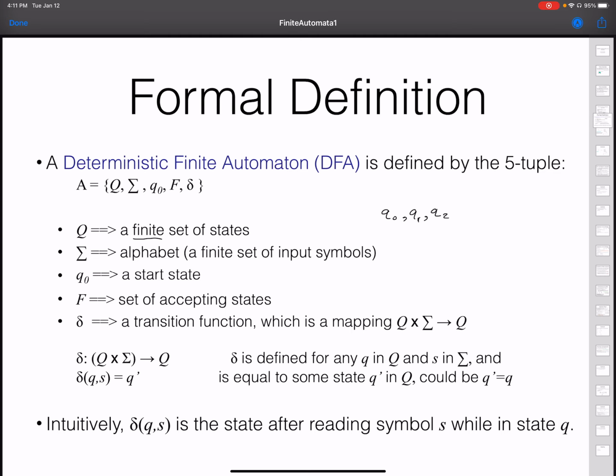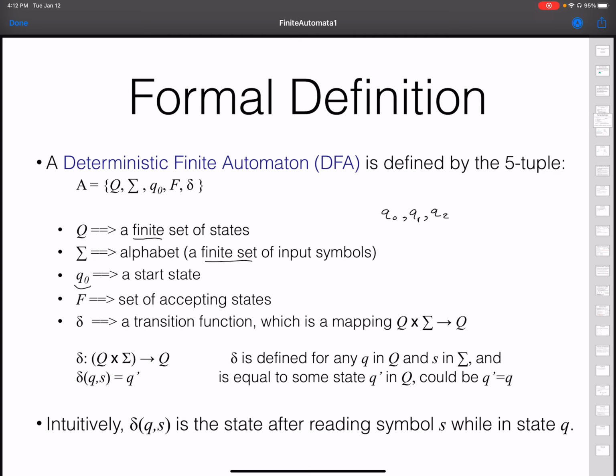The alphabet tells you what the possible symbols are that you can read from the input tape. Again, you know that the alphabet should be a finite set of symbols. One of the states is supposed to be marked as a start state. Usually we call it Q0, but the name is not really important. Just know that one of the states should be marked as a starting state. Your machine should start from that state.